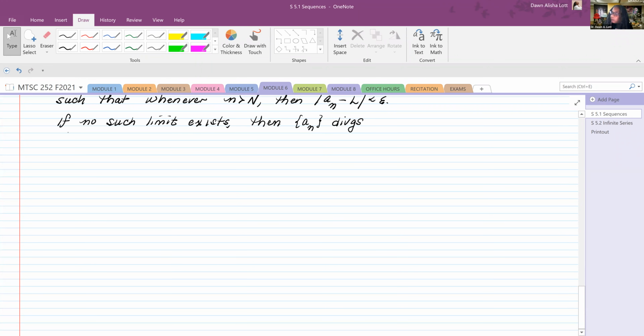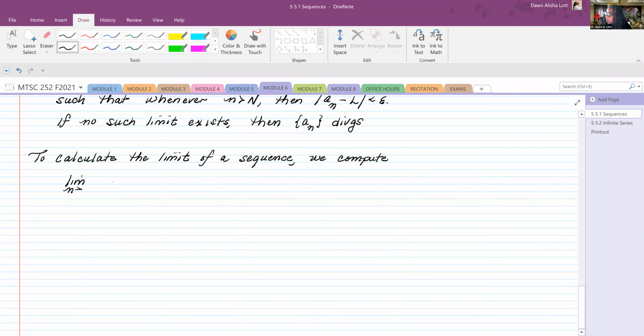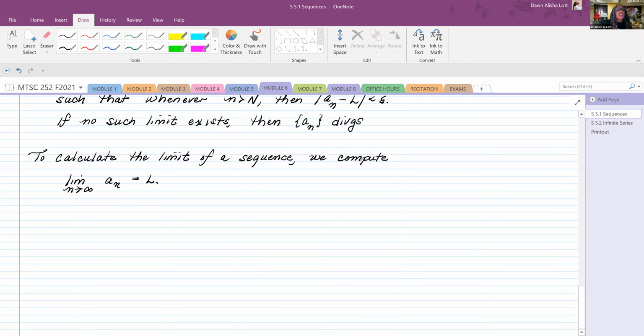Okay, so to calculate the limit of a sequence, we compute the limit as n approaches infinity of a sub n equals L. If you can't get an L, then you know that the limit doesn't exist.